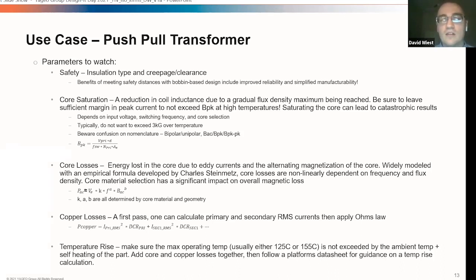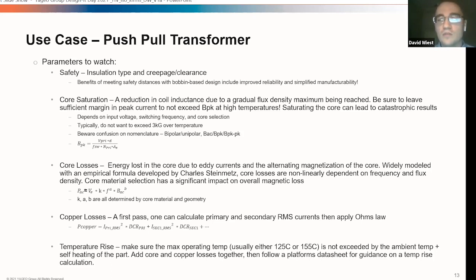One thing to consider is that you don't saturate your core. Core saturation is very bad in this case where the inductance will go to 0. That can often be catastrophic and result in a damaged circuit. So very important to avoid that. The good news is this is relatively simple to calculate.